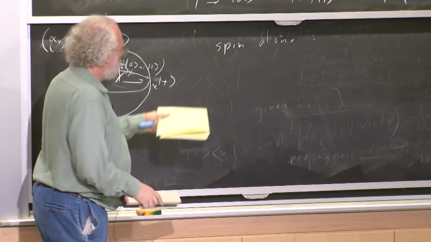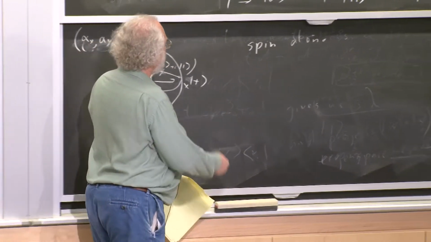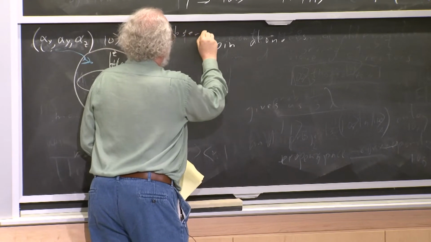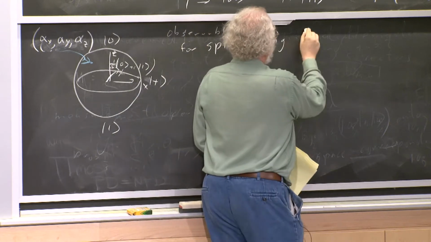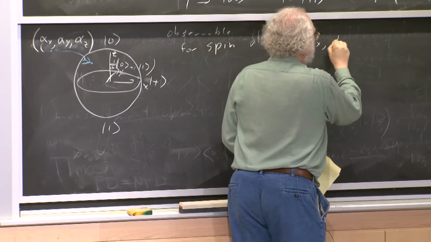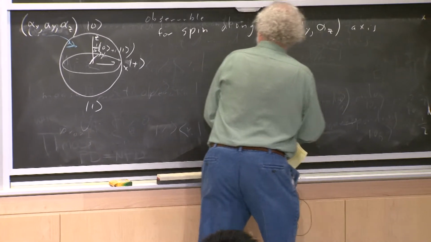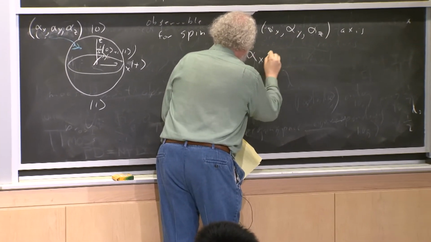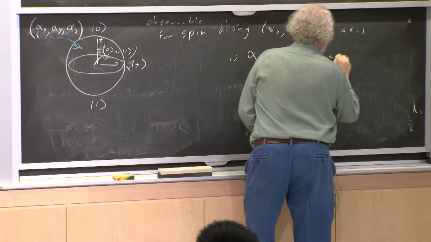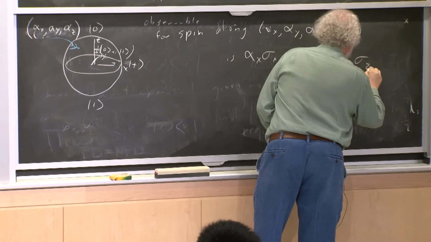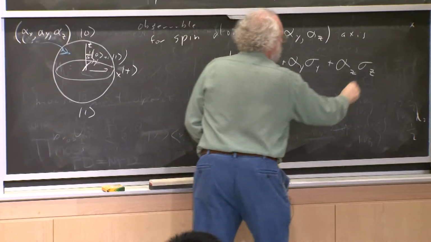I'm going to say the observable for the spin along the (alpha x, alpha y, alpha z) axis is alpha x sigma x plus alpha y sigma y plus alpha z sigma z. And let's divide by 1/2.